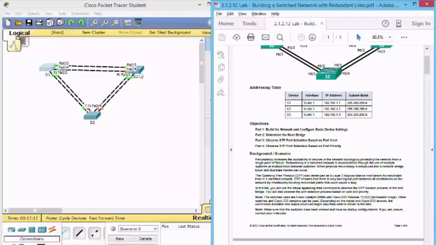We have also configured an IP address on VLAN 1, so theoretically switch 1 should be able to ping switch 2, switch 2 should ping switch 3, and switch 3 should ping switch 1. They should all be able to ping each other.